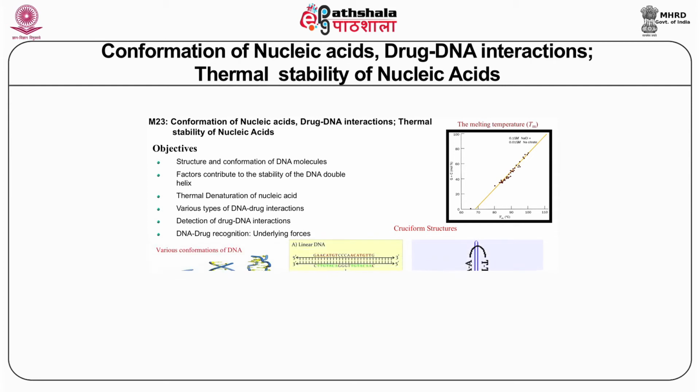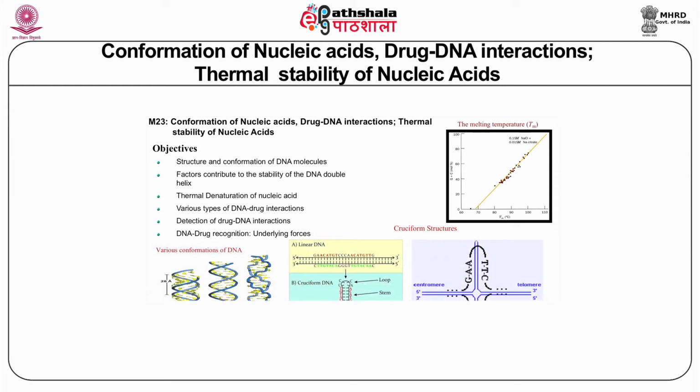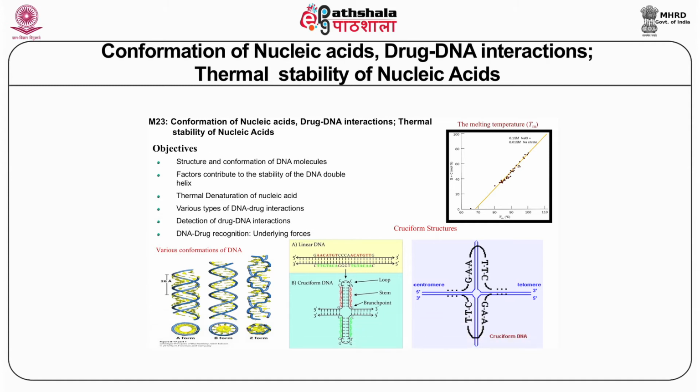So what are the factors that actually depend on the DNA double helix structure, which is accepted as existing in the B conformation, but actually depends on a number of parameters, like which small molecules are present in the environment. So it is important whether it is a drug or any other small molecule or a metal ion. These interactions you will be studying in this chapter.